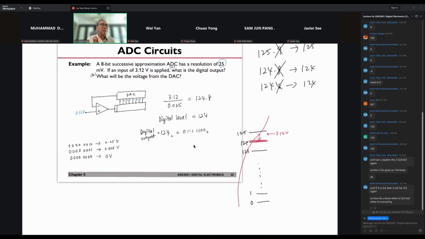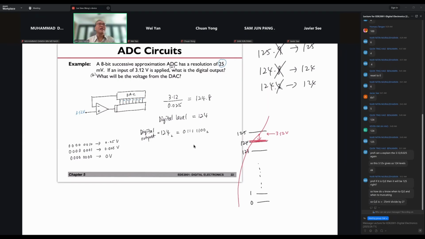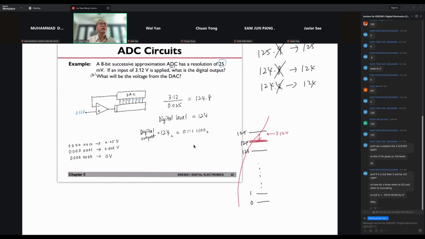But when you truncate, the error is the entire level. So the quantization error in this case will be plus minus 25 millivolt divided by 2. Of course, you will say the truncation error is actually 25 millivolt, which I agree with you. Whatever you are doing when calculating quantization error is always based on a rounding off model and not a truncation model.